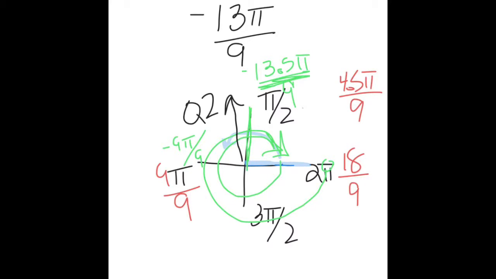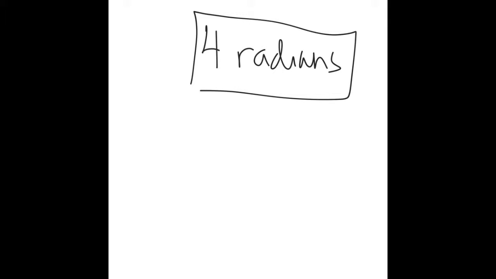I want to give you one more example. What about if I just say the number 4? I want you to treat the number 4 as radians, because all of your measurements are given in radians, and tell me exactly what quadrant this is going to lie in. So first of all, I'm going to draw my quadrant.